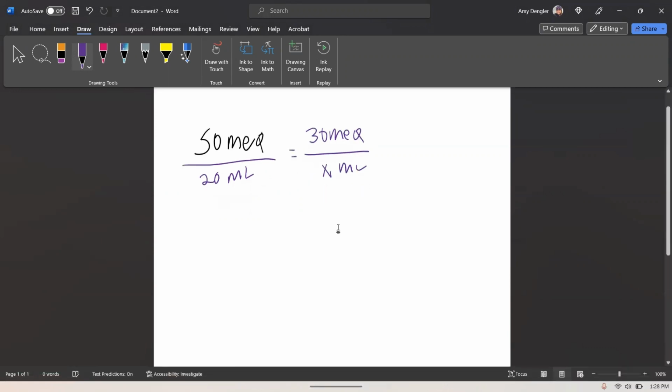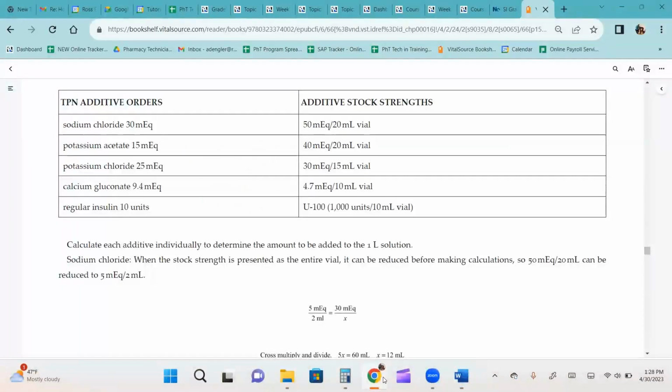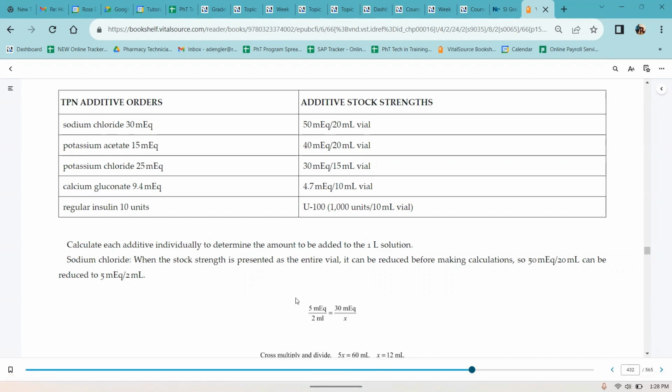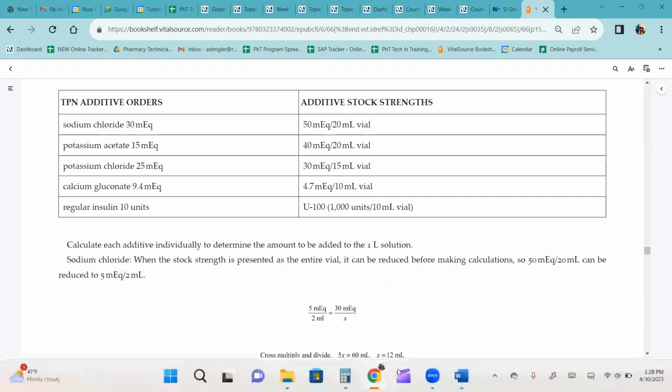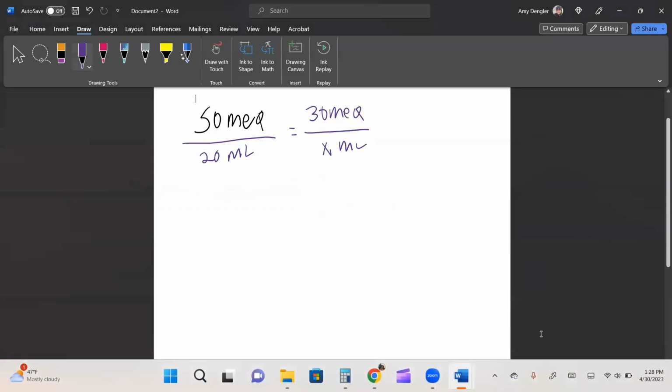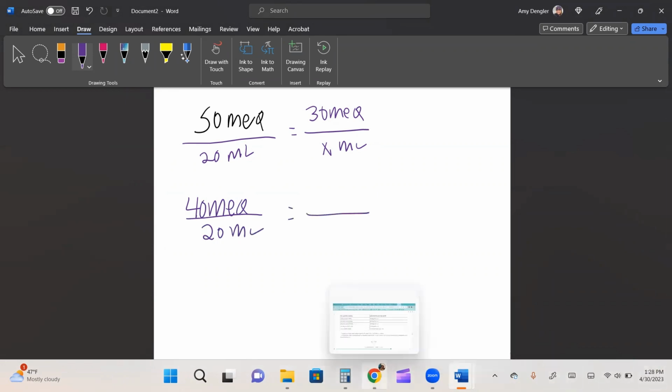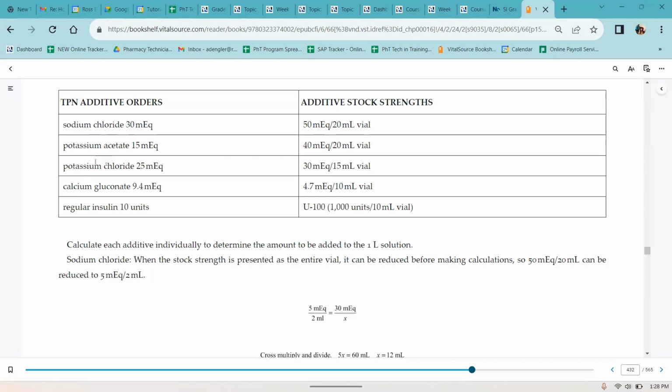So you should know how to solve these by now. I'm just going to help you set them all up. So then for the potassium, it's 40 milliequivalents per 20 ml. And we need 15. The next one is potassium chloride.